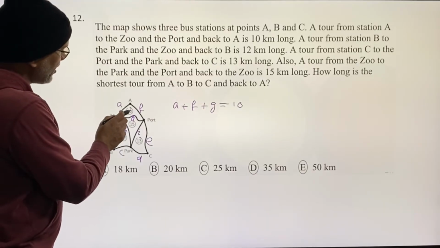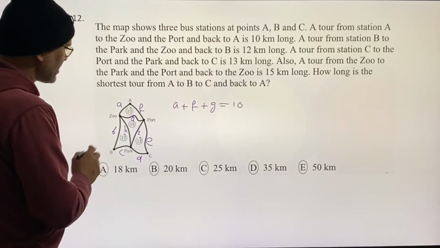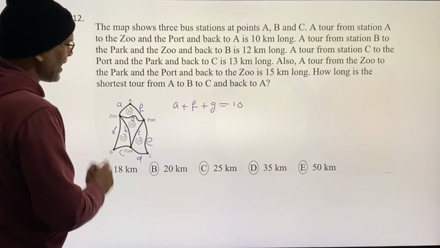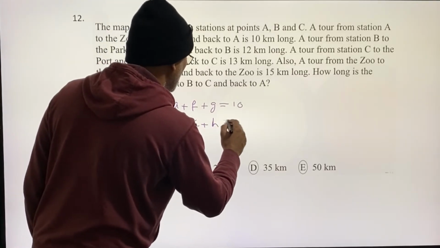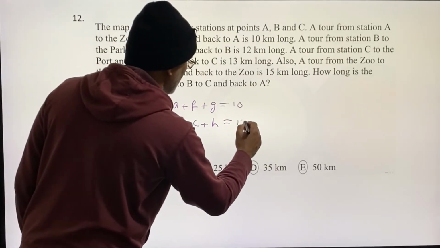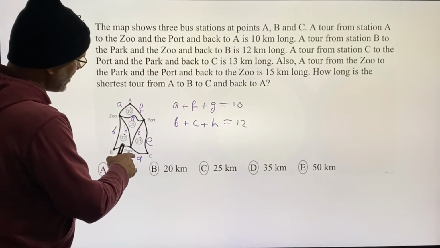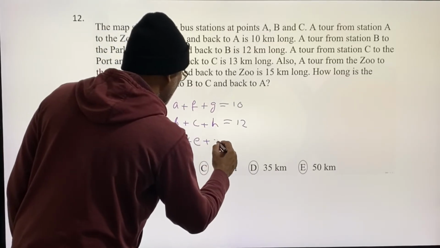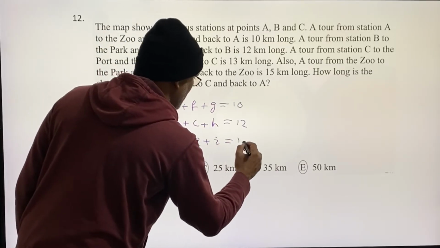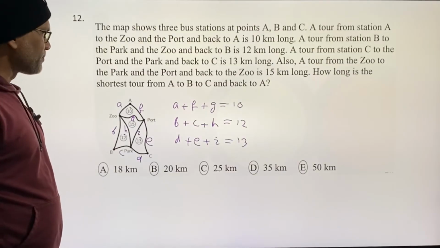A plus F plus G is 10. Similarly, B plus C plus H is 12. Similarly, D plus E plus I is equal to 13, right?